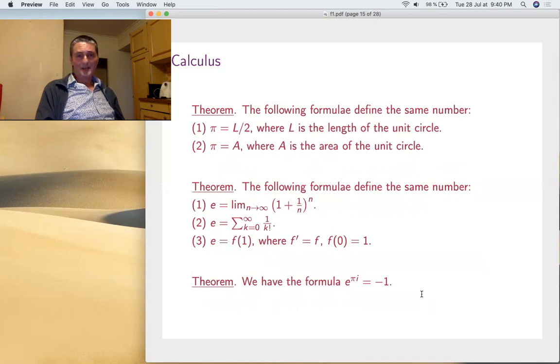So what's pi? You take the unit circle and you have two possible things that you can do. You take the length of it and you divide by 2, that's your pi, or you just take the area of the unit circle, that's your pi again. So I hope everyone here present knows why these two things are equal. And if you don't, exercise, well, you can actually do triangles when you discretize the problem, take a polygon.